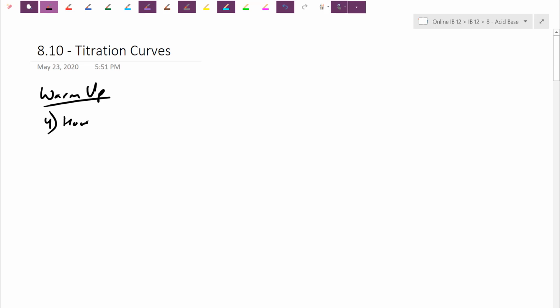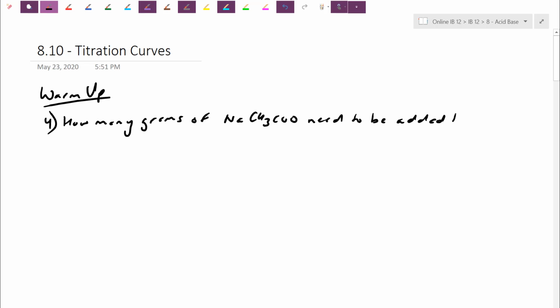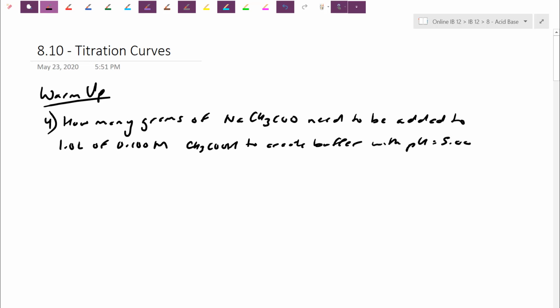I want to know here how many grams of sodium ethanoate, so sodium acetate, need to be added to 1 liter of 0.100 molar acetic acid, CH3COOH, to create a buffer. So a buffer is something that has appreciable amounts of conjugates with a pH of 5.00.